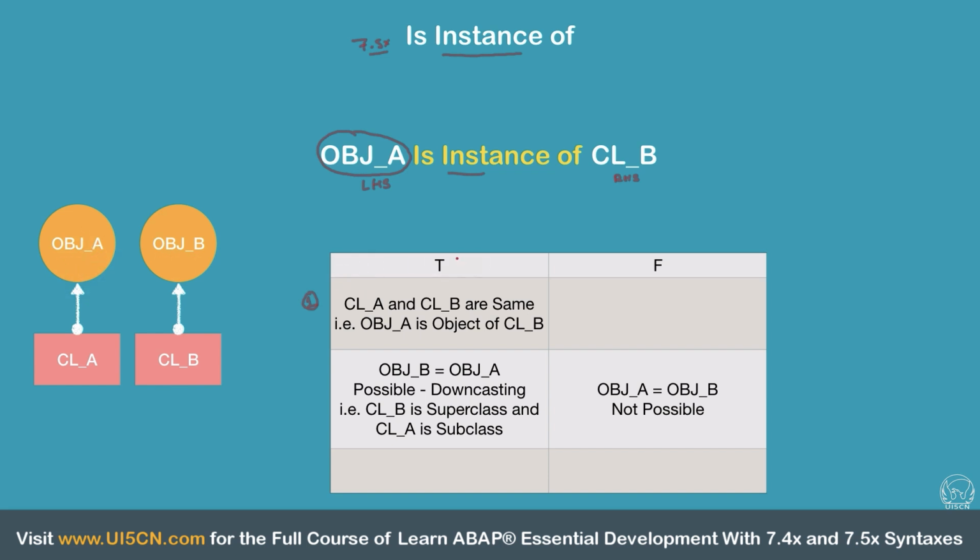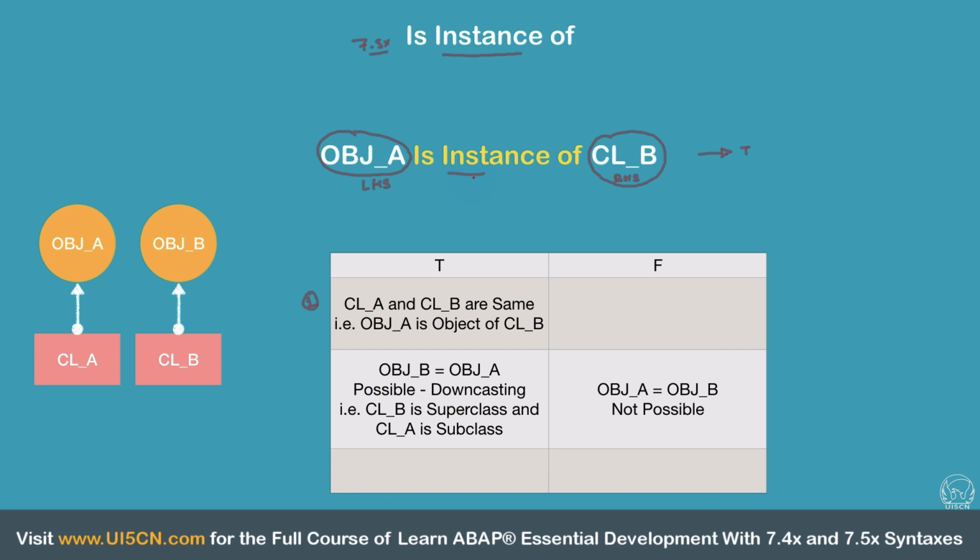Now in the first scenario, IS INSTANCE OF will give you true if the class on the right hand side is the same class out of which the object on the left hand side is created. So that is scenario 1 where you will get true.